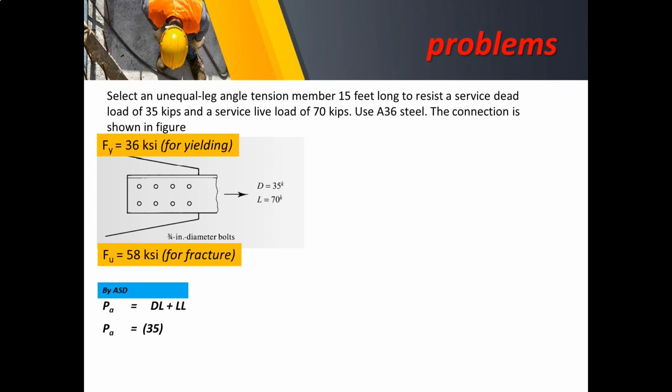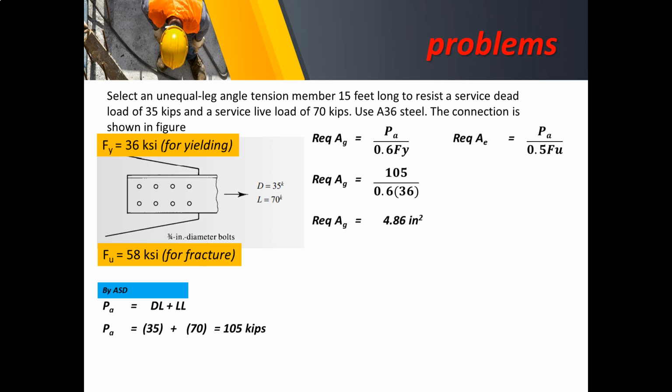So, PA is 35 plus 70. That is equal to 105 kips. And from 105, we can now derive the required gross area. And also, substituting the value of Fy, 36, we will have a gross area 4.86 square inches.